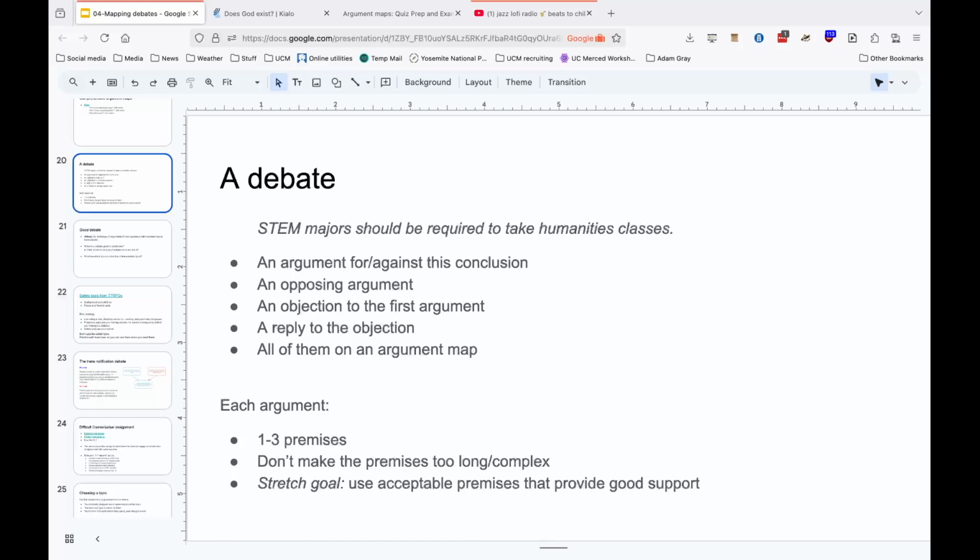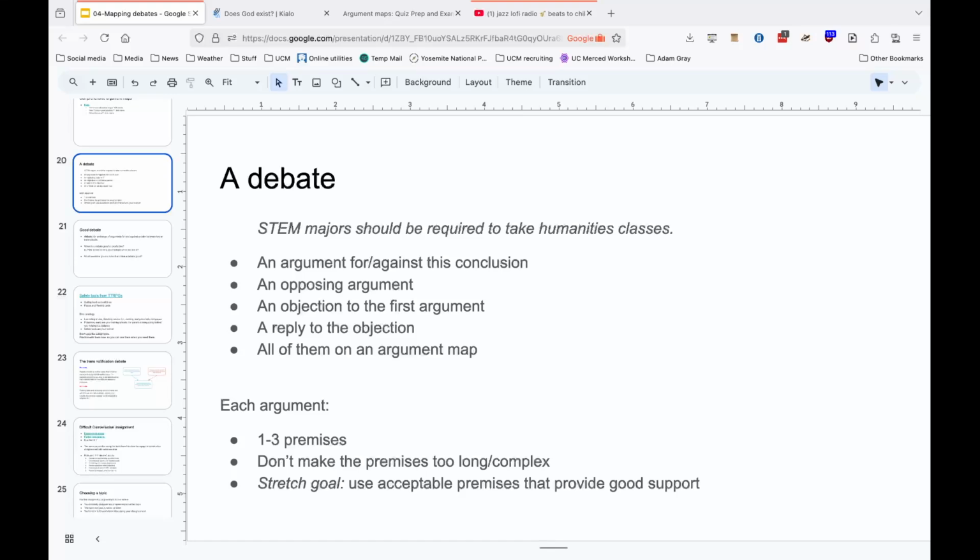As a group, I want you to develop an argument for this conclusion and against this conclusion. As a group, pick a side. Do you want to be for or against? Develop an argument supporting your position, pro or con.